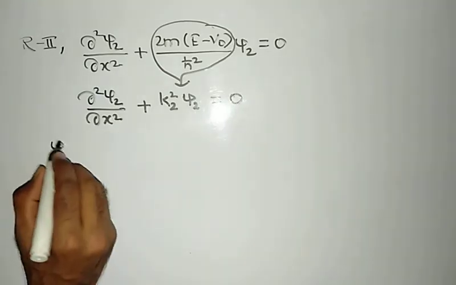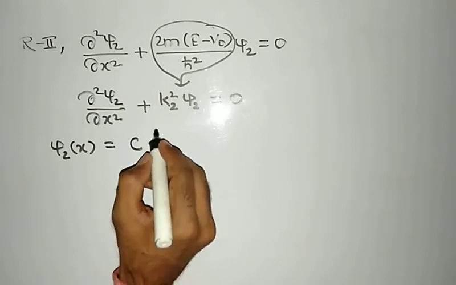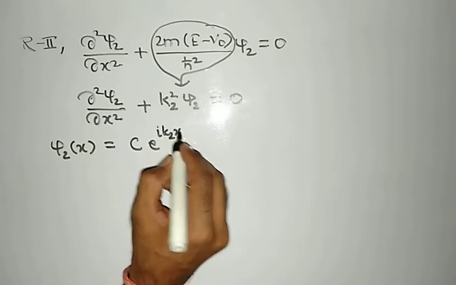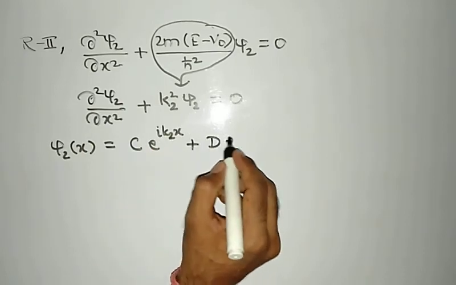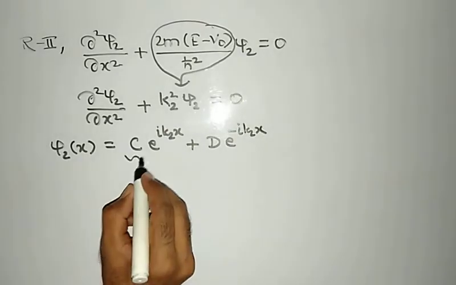Now the solution for this: psi 2(x) is C e to the power i k2x plus D e to the power minus i k2x. What is this?